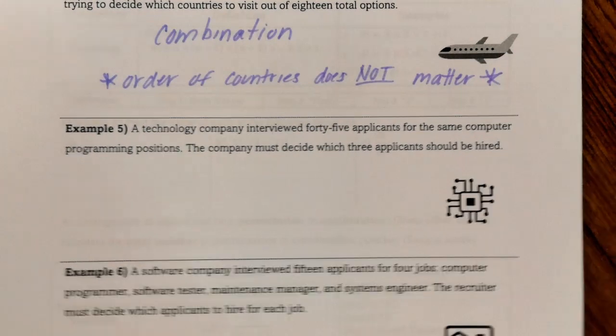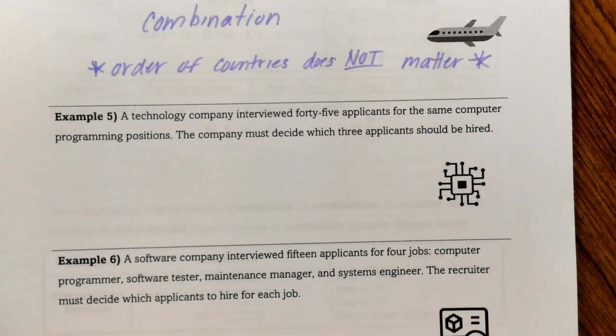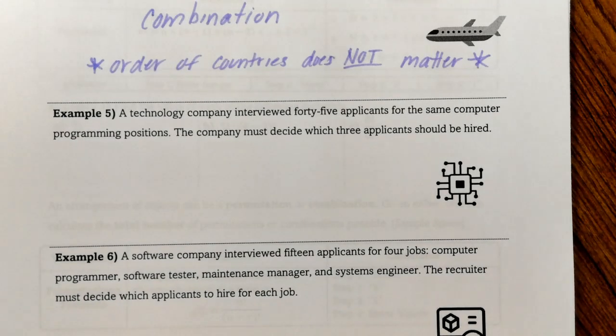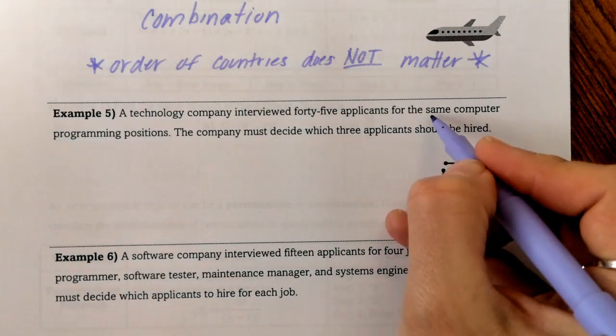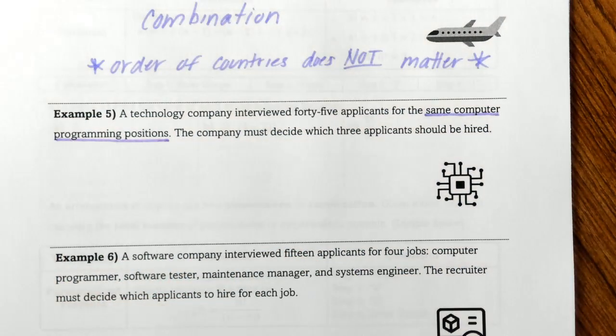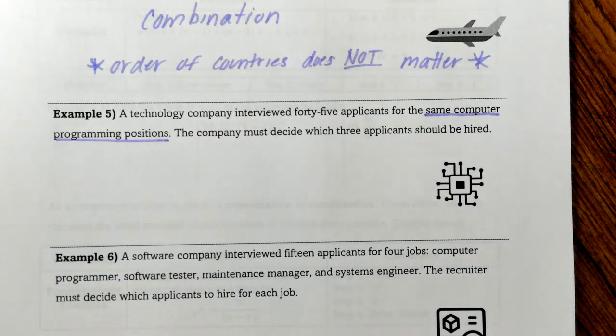All right, on number 5, a technology company interviewed 45 applicants for the same computer programming positions. The company must decide which 3 applicants they should hire. Now, does it matter what order they hire these 3 applicants in? No. The reason why is because of the same computer programming position. It's the exact same position, so whatever 3 they choose, they're going to get the same thing.